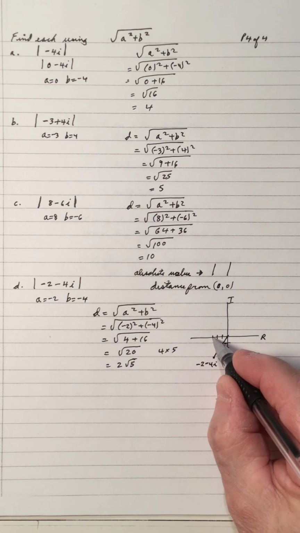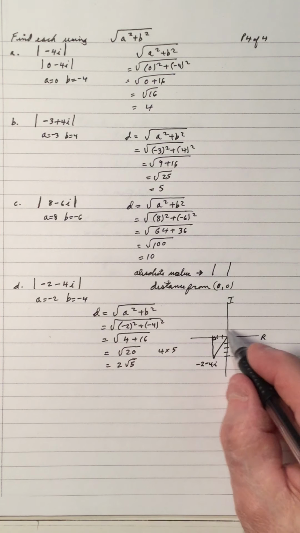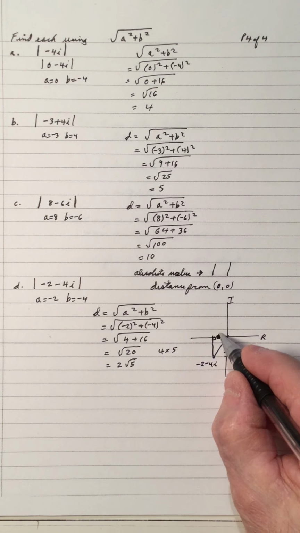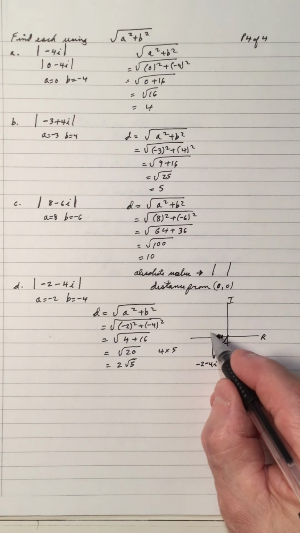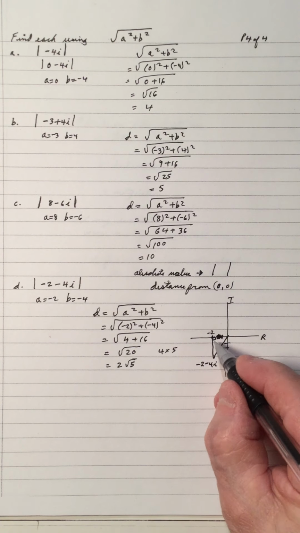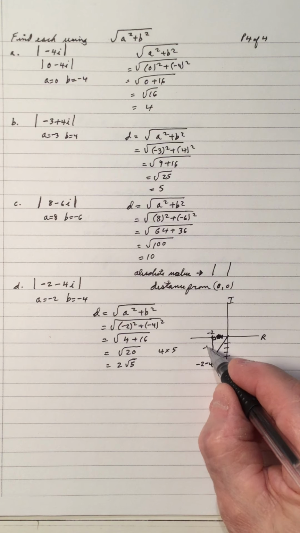And if I drew a perpendicular to the x-axis, this would be, oh, that's a negative 2 now, so I better be careful. This is a negative 2. I put a negative 3 there, so again, those errors. This is a negative 2, and this is a negative 4.